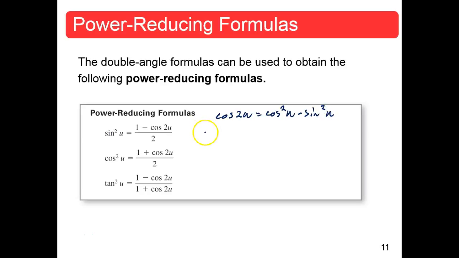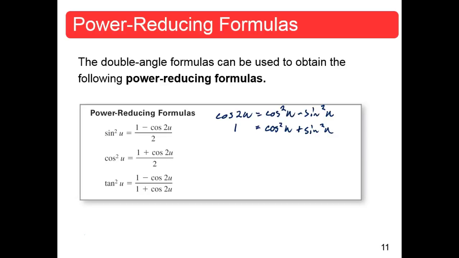Now, I think I pointed out to you before, what does that look like? Awful close to, but not the same as, the Pythagorean theorem, which was 1 is equal to cosine squared u plus sine squared u. Don't they look somewhat similar, but not the same?